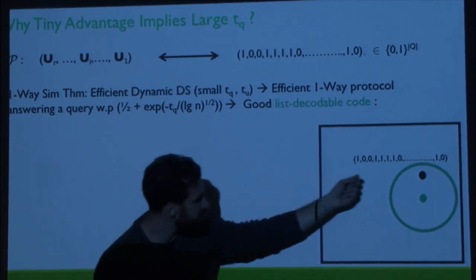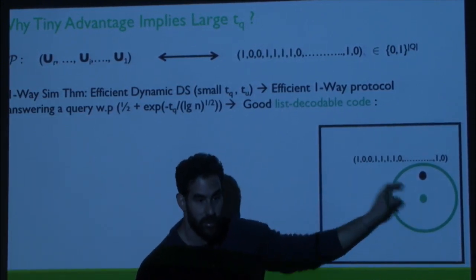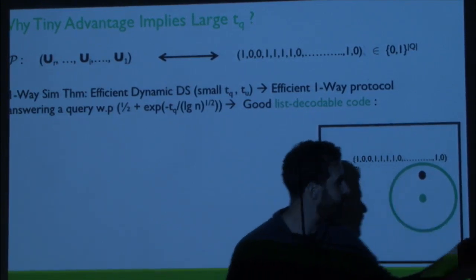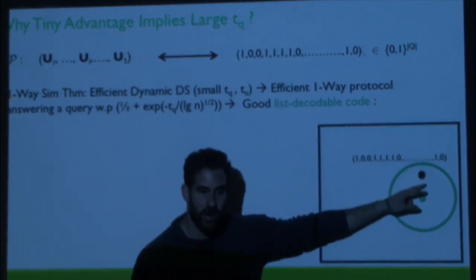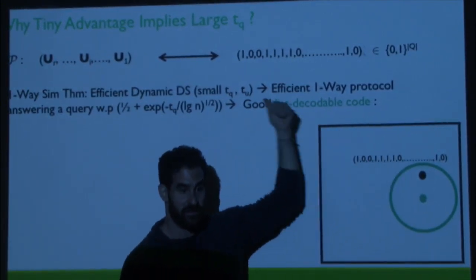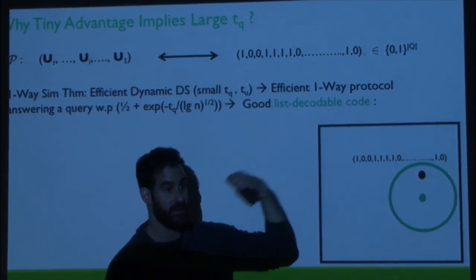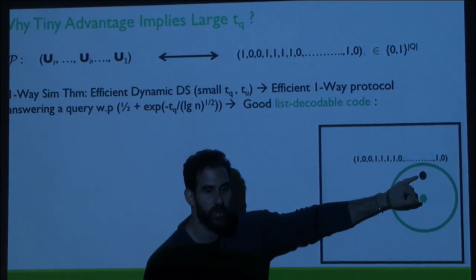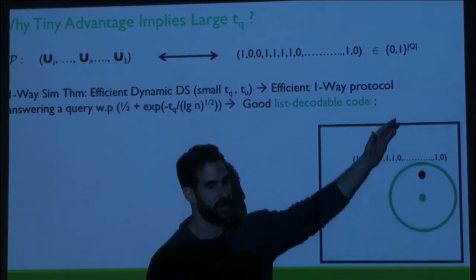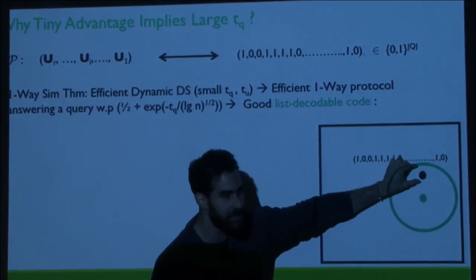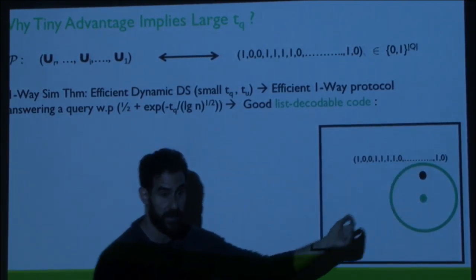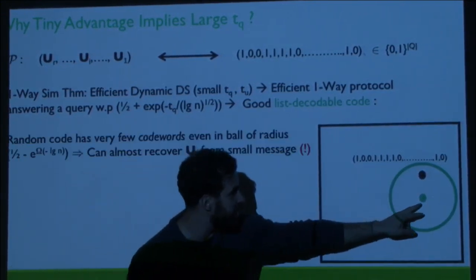It tells us that if this is the true n squared vector of answers to all the range counting queries, we can recover, by this weak simulation theorem, by the too good to be true data structure, a point which is almost as far as possible, almost distance half, but actually not quite, a little bit better than half. So it's within distance half minus epsilon of the true code word.